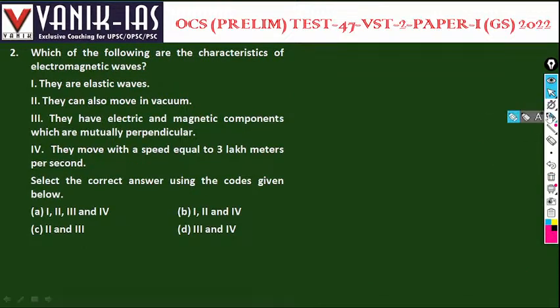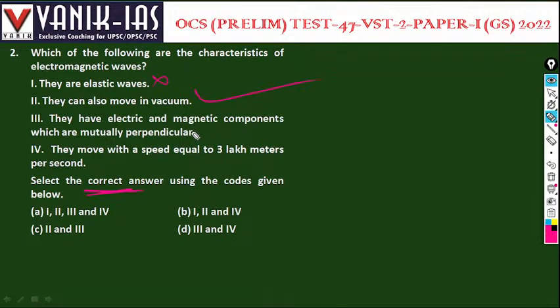Which of the following are the characteristics of electromagnetic waves? Are they elastic waves? No, they are not elastic. They can also move in vacuum. Yes, this is right. They do not require any material medium. They have electric and magnetic components which are mutually perpendicular.